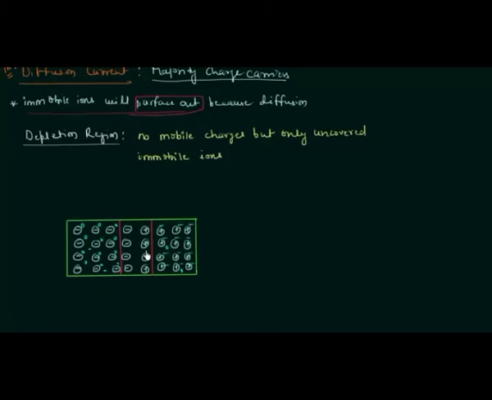And because of this potential difference, there is an electric field from right to left, that is from positive to negative. Capital E is the electric field from positive to negative. This is the junction. I forgot to mark the junction here. This is the junction, and this is the depletion region.